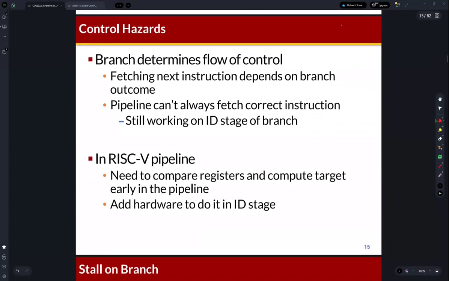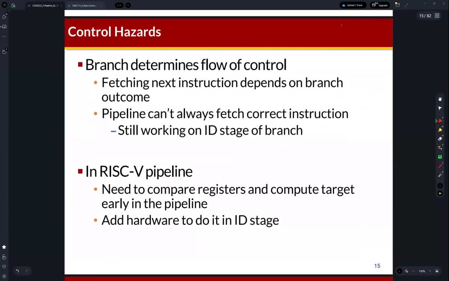Okay, so let's learn about the control hazard. I mentioned that control hazards are caused by control instructions such as branch or jump instructions. Then why?